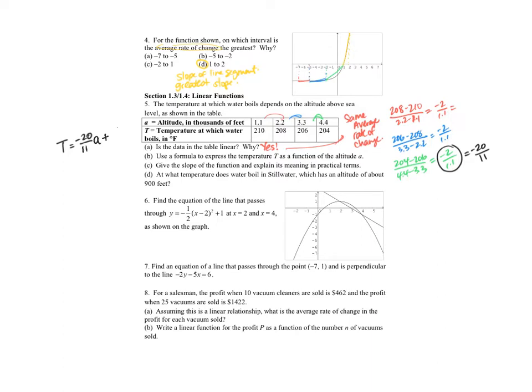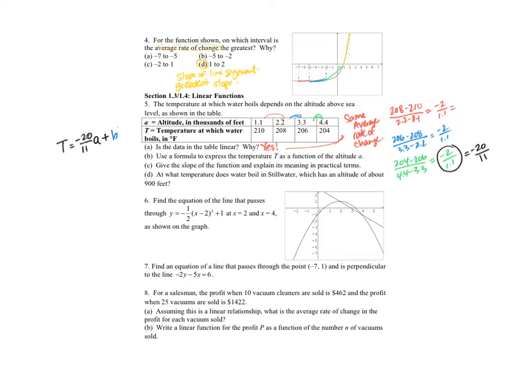Plus some initial value, and that would be the temperature when the altitude is 0. So that's the temperature at sea level at which the water would boil. I need to find that value, and I don't have it, so for now I'm just going to call it B, and we'll figure it out in just a minute.